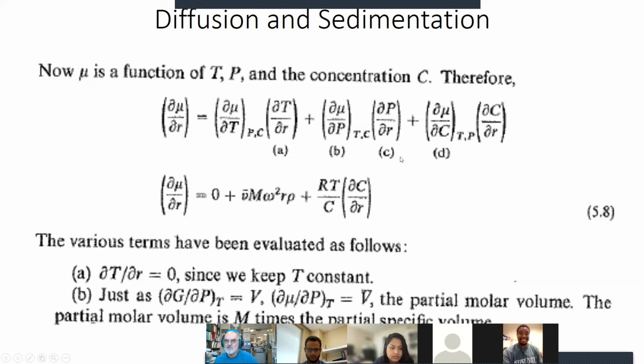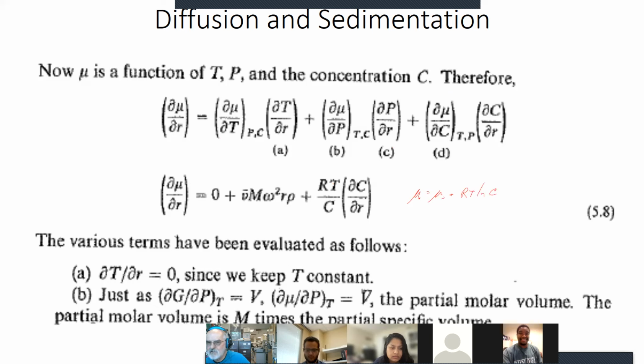And then the last term is RT over C, dC/dr, and this has something to do with the concentration dependence of chemical potential. Remember, chemical potential is μ = μ0 + RT ln C. I wrote that down, I think, somewhere in a previous slide. So go look for it.